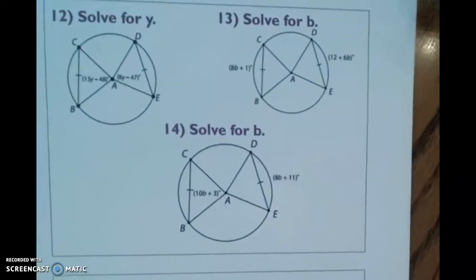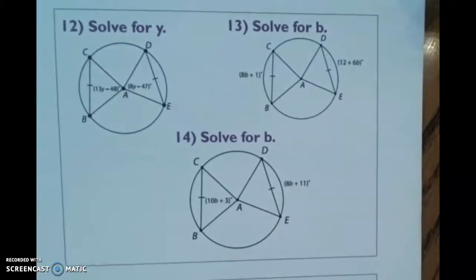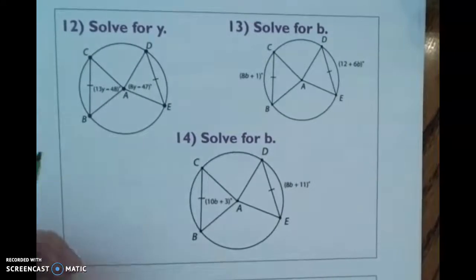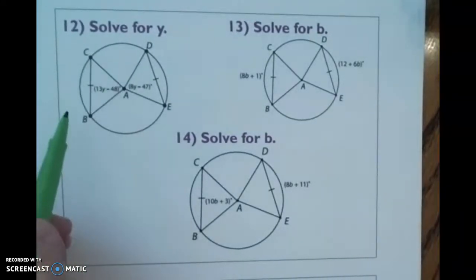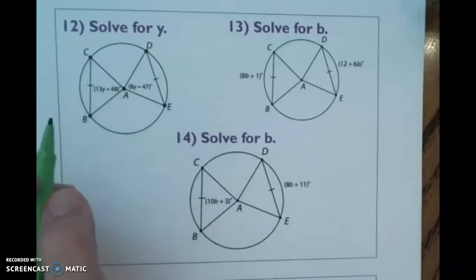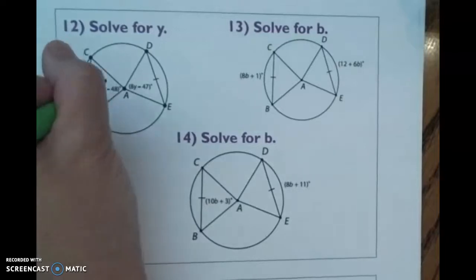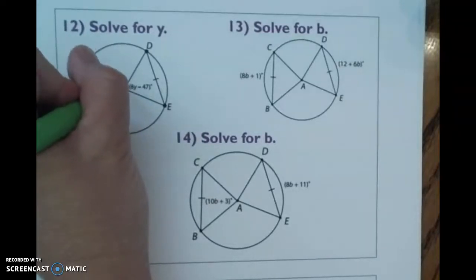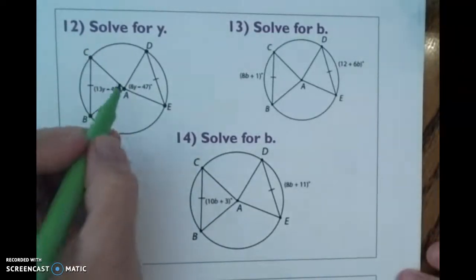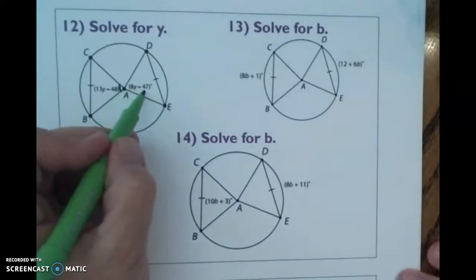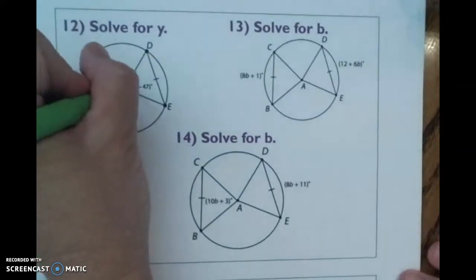A couple different problems with inscribed circles and angles and triangles. So for example 12, you're going to be looking at 2 triangles, and I know this is a little hard to see, but basically this 13y minus 48, there's a degree symbol there, so it's talking about this angle. And then the 8y minus 47 degrees is talking about this.